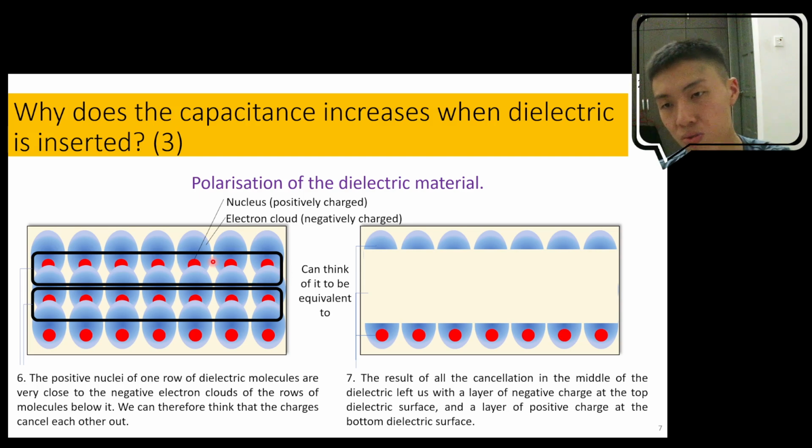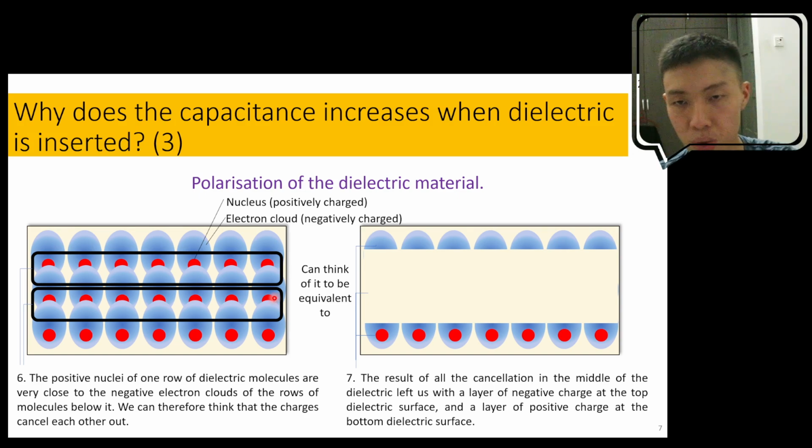This row of atoms, because of the shifting of the electron cloud of the second row, will overlap with the nucleus of the first row. So we can think that the charges cancel each other out, because negative and positive standing together at a place, you can assume they become neutralized already. Because the electron cloud is overlapping with the nucleus over here, they neutralize each other, so you can think of this region as neutral.